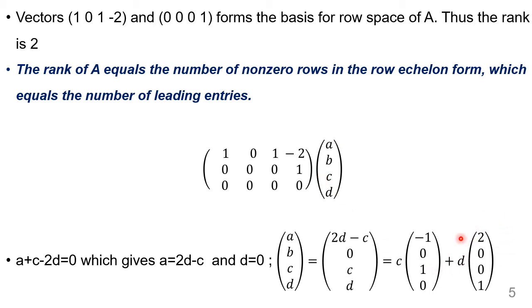As the D value is 0, A is equal to minus C. So I can write A, B, C, D equals C times minus 1, 0, 1, 0. And if I remove B, then I can even write this as minus 1, 1, 0 as the answer.